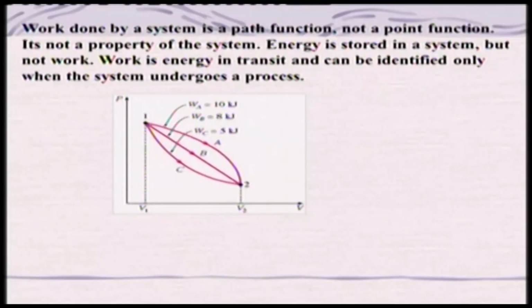So we call work energy in transit, identified only when the system undergoes a process. If there is no interaction between the system and surrounding, then work done will be zero. So one has to understand the difference between work and energy.